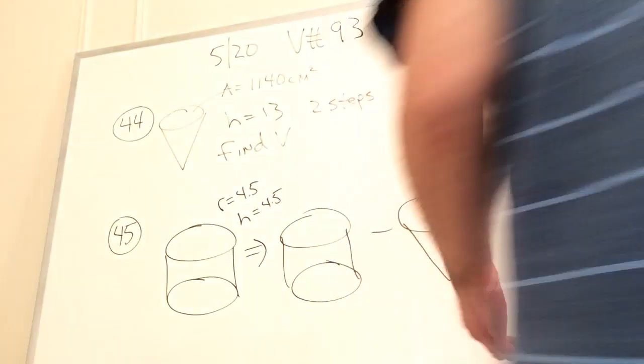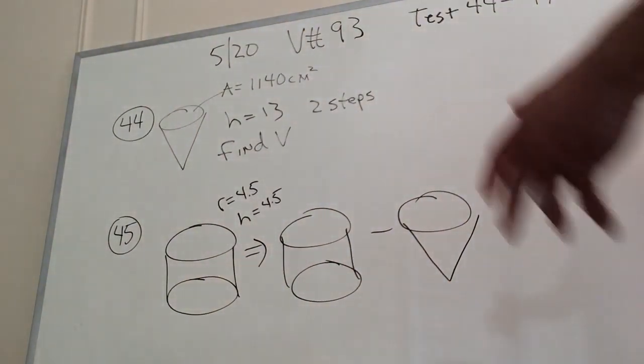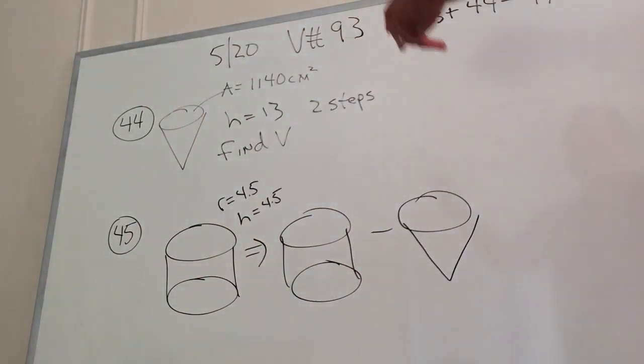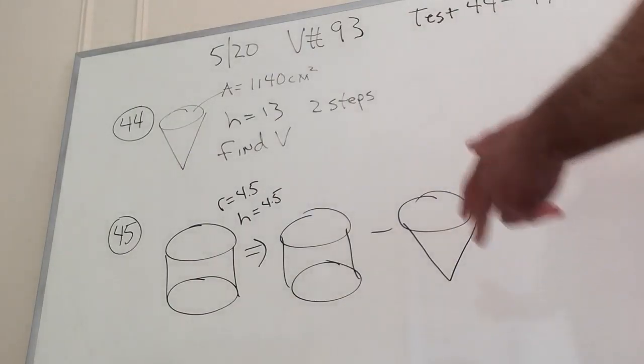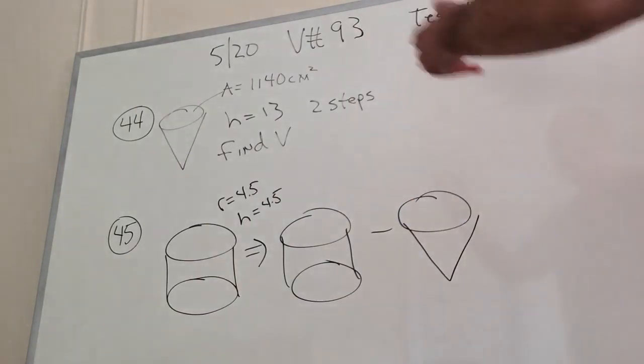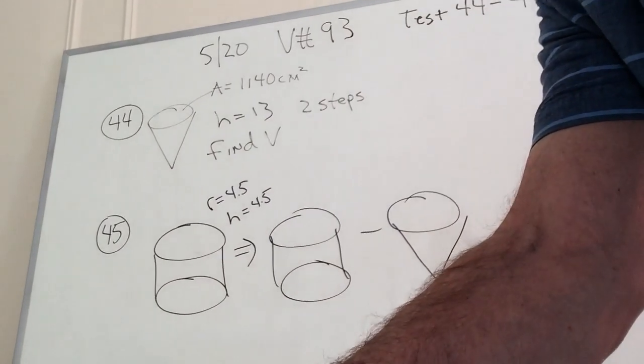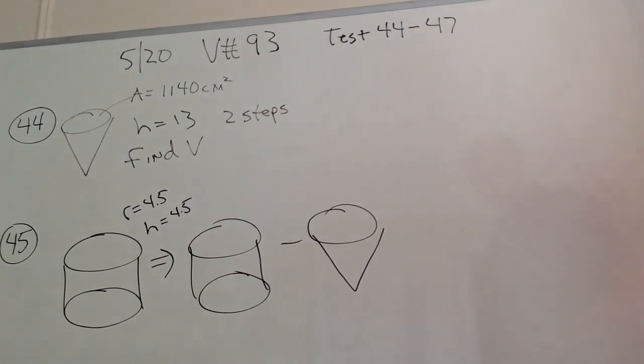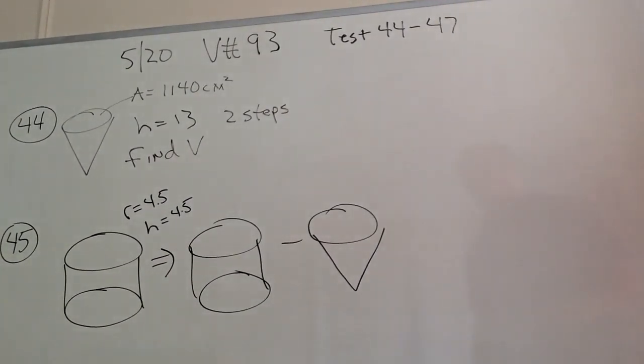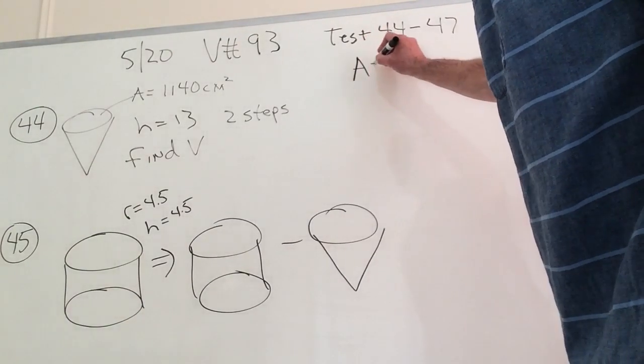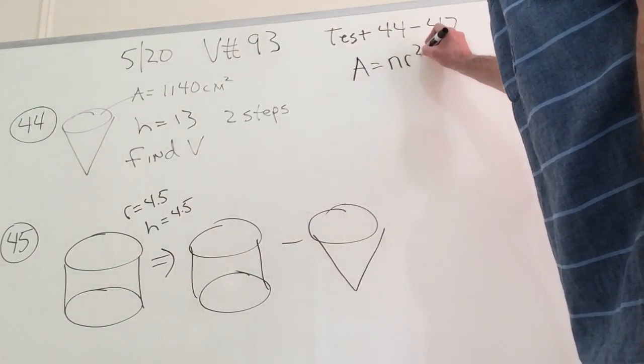So let's turn our attention over here. They tell us we have some sort of cone. They tell you what the area is. They tell you what the height is, and you have to find the volume. A lot of kids got stuck here because it's a two-step question, but high school kids are expected to do two-step questions. The area equals pi r squared.